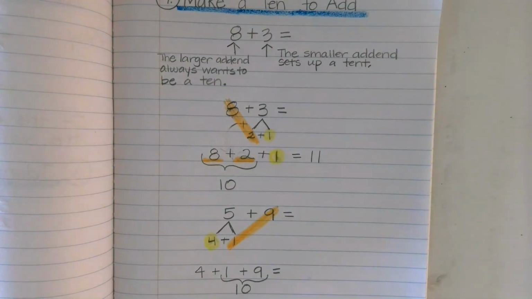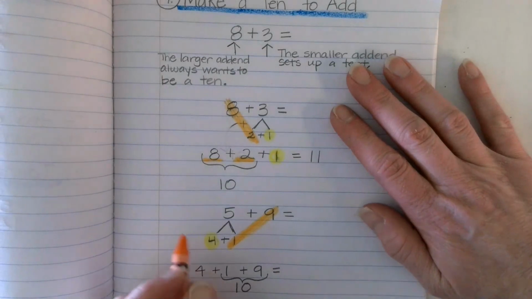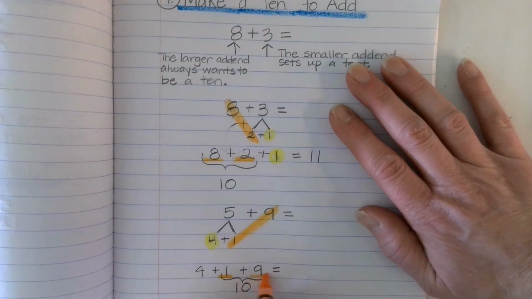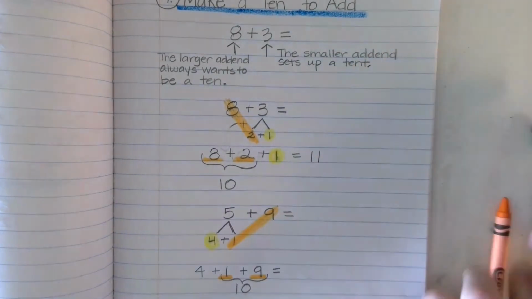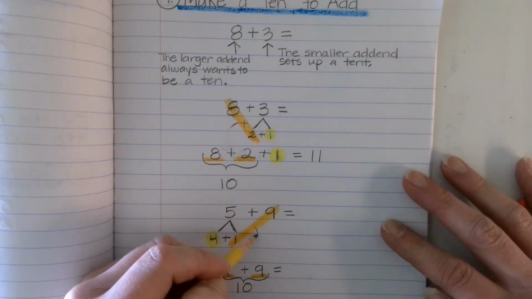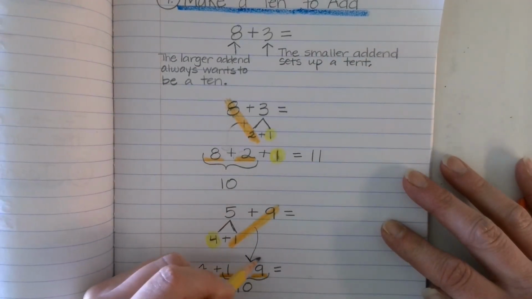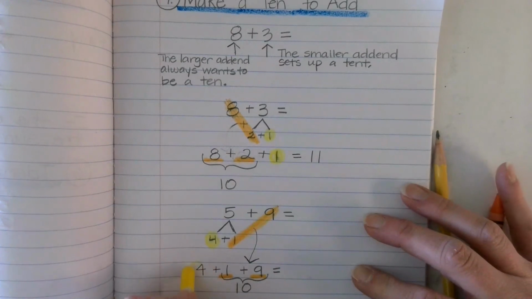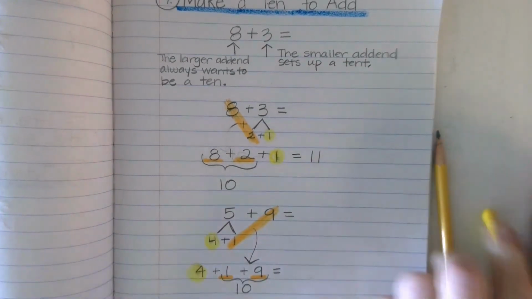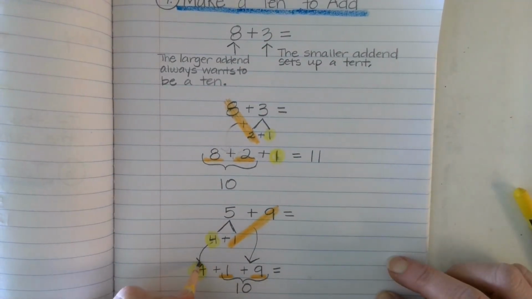So when you look at it all like this, it looks kind of confusing because we wrote a lot of numbers. But when you break it down step by step and take it slowly, then it makes more sense. I'm just going to make sure that I underline these orange because I want you to remember that these came down here and this yellow came here.